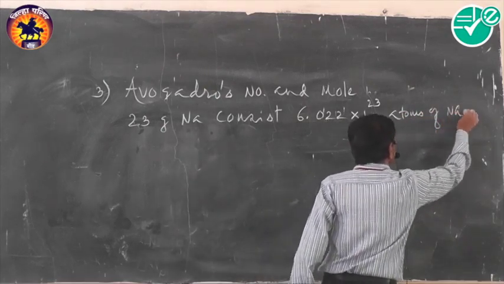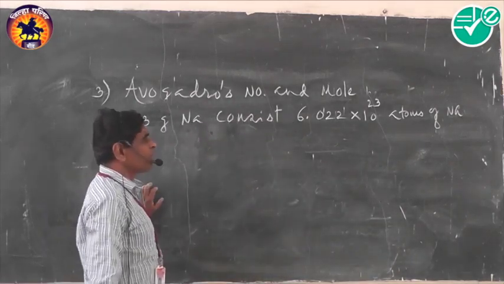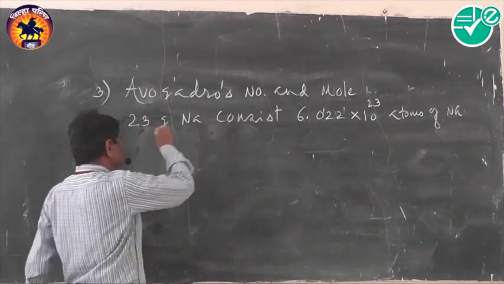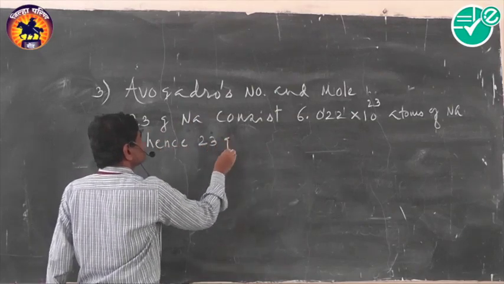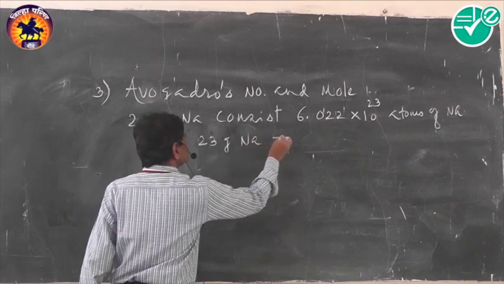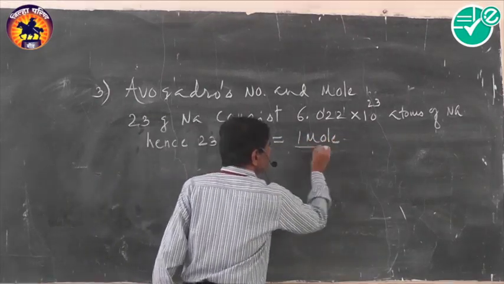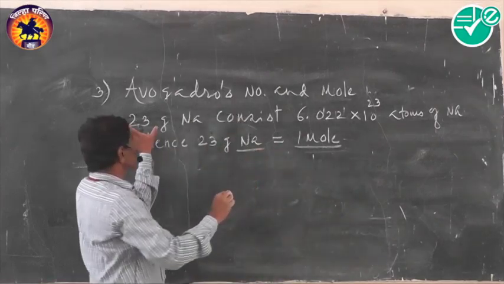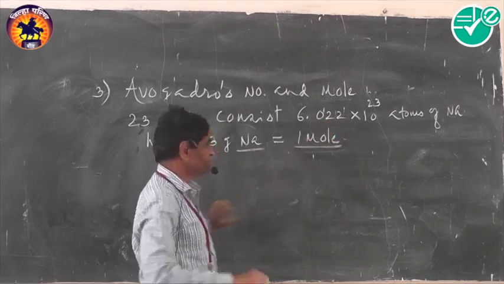So 23 gram of sodium consists of Avogadro's number of atoms of sodium. Hence 23 gram of sodium is considered as 1 mole, because this 23 gram of sodium consists of Avogadro's number of particles, atoms.